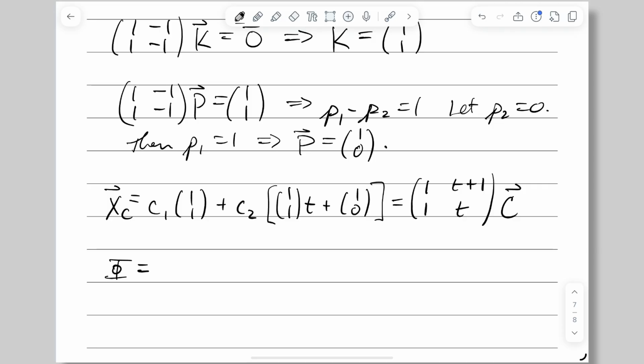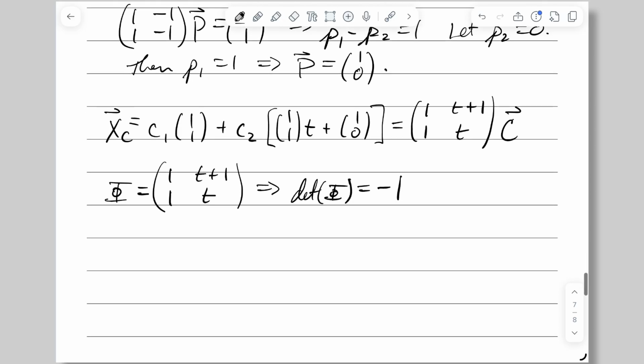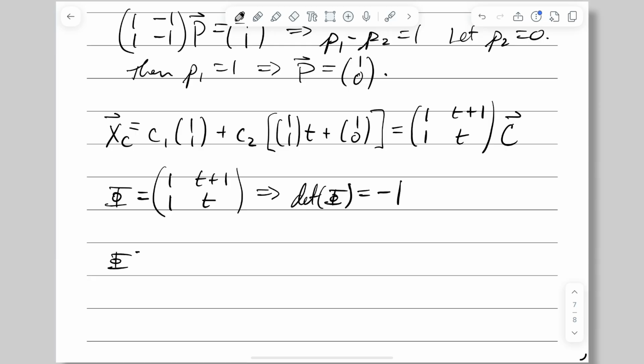That gives us our fundamental matrix phi, which is 1, t plus 1, 1, t. And as we can see here, the determinant of phi is equal to negative 1. Go ahead and confirm that. And phi inverse is then negative t, t plus 1, 1, negative 1.